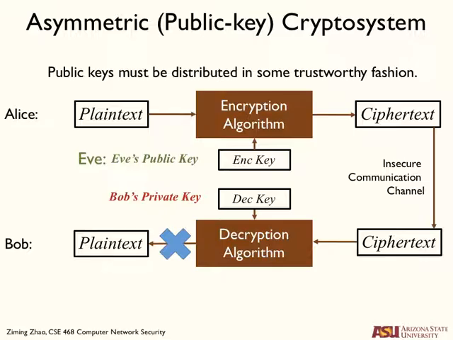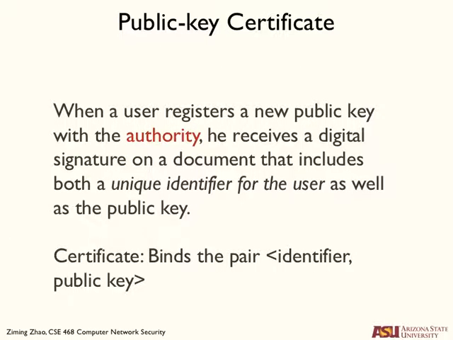To solve this problem, security people came up with the idea of a public key certificate. A public key certificate binds a pair of identity and public key. For example, Alice's certificate will have Alice's identity and also Alice's public key.